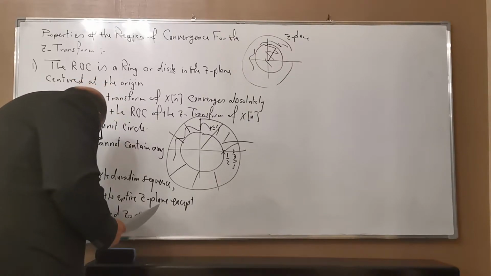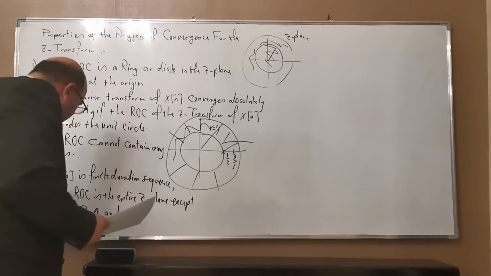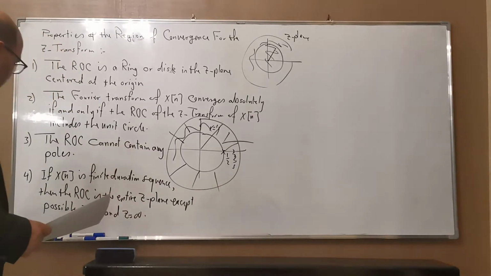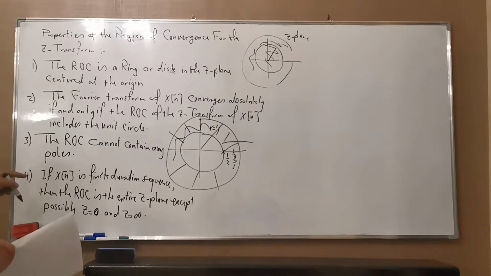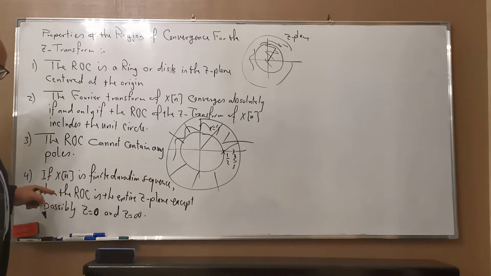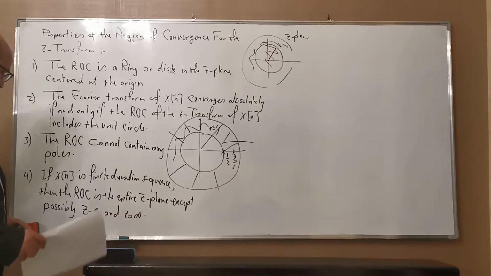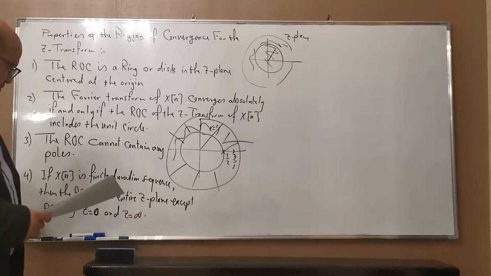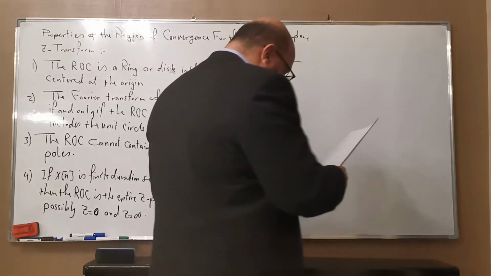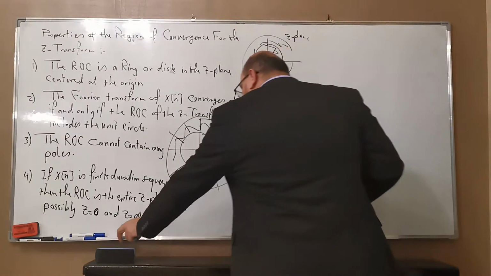Okay? So if x of n is finite duration sequence, the region of convergence is the entire z-plane except possibly at z equals 0 and z equals infinity. Okay.